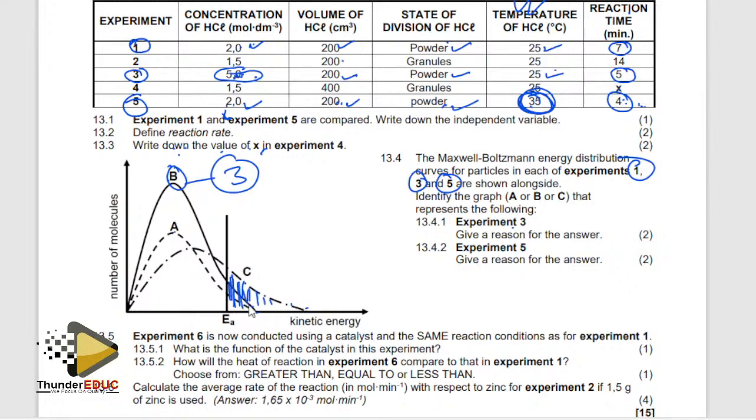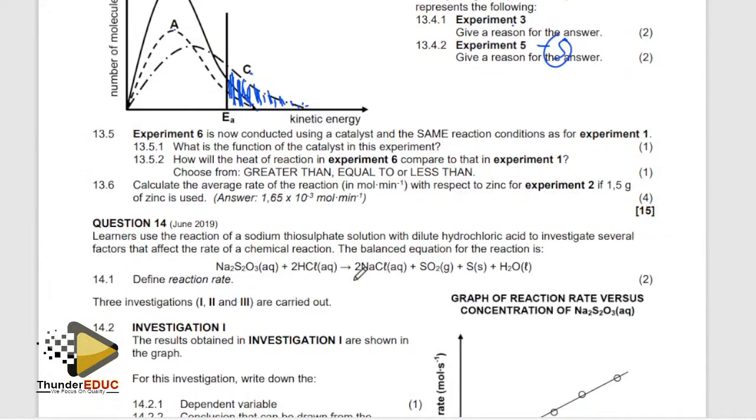Don't forget, they can ask you what is this shaded area. These are particles with sufficient energy to react. So automatically C is going to be reaction 5. Why? Because it completes the reaction very fast, and also has the high temperature. It means that the particles have sufficient energy to react. Do you understand? Yes. So that becomes number 3. So it's cool.